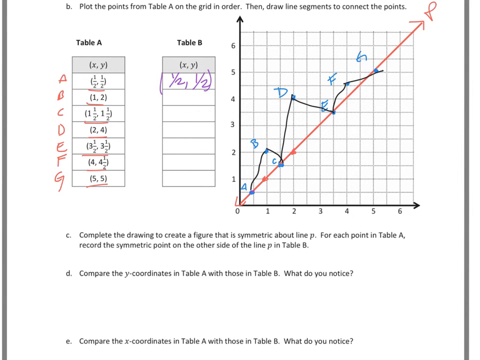B is not the same. So when it's diagonal, I have to make sure that I'm creating perpendicular lines here. So I can't count down 1, 2 and go 1, 2 in here because that's not going to be perpendicular. I can't come up here and go 1, 2 and then do 1, 2 because that's not.